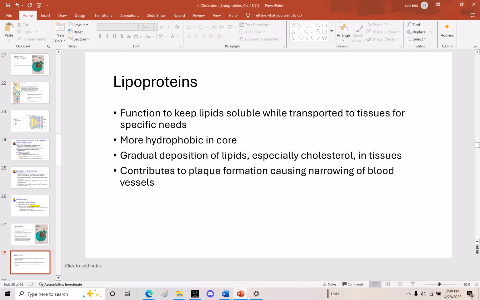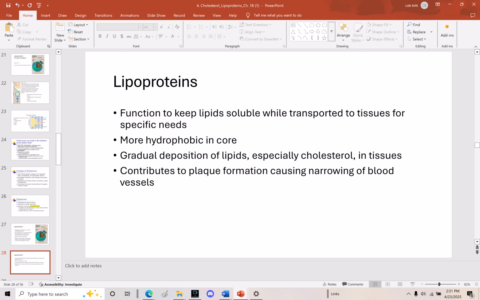Deposition just means depositing or removing. And so the tissues are going in, grabbing what they need from the lipoproteins, and so the lipoproteins are gonna get smaller as the tissues pull what they need from those lipoproteins. However, we'll also talk about plaque formation, because plaque formation also occurs because lipoproteins are accidentally dropping stuff off.